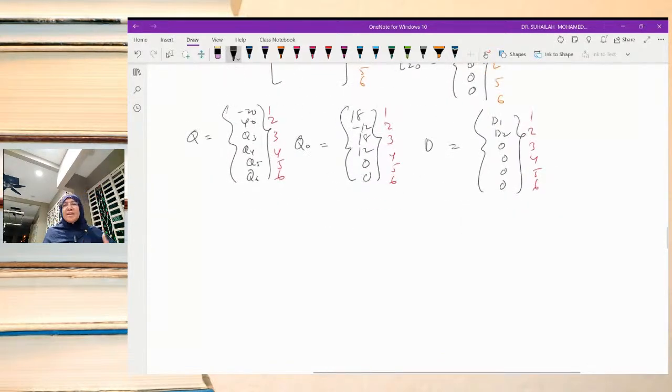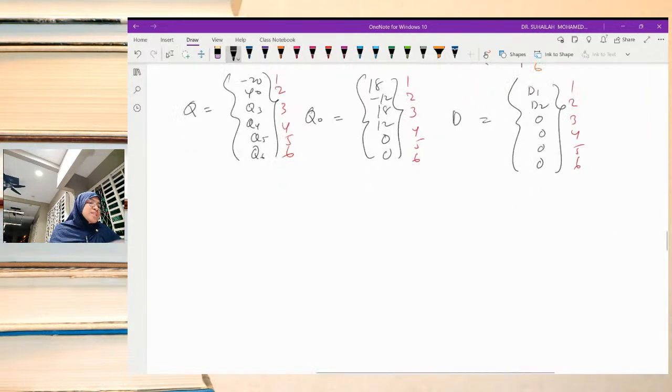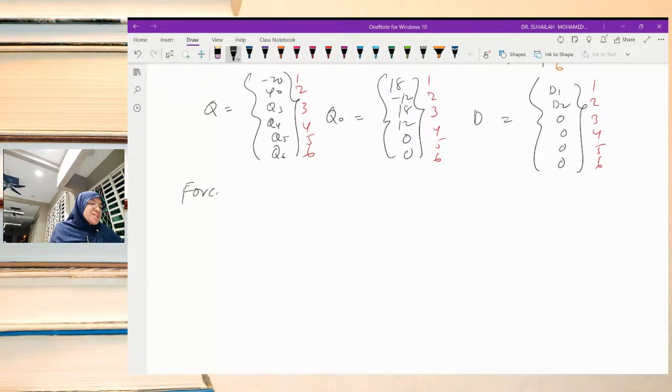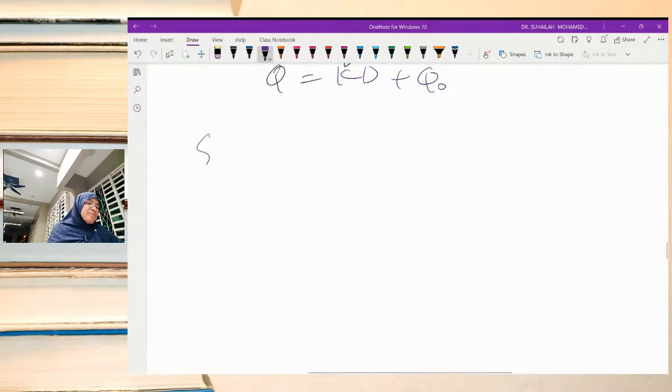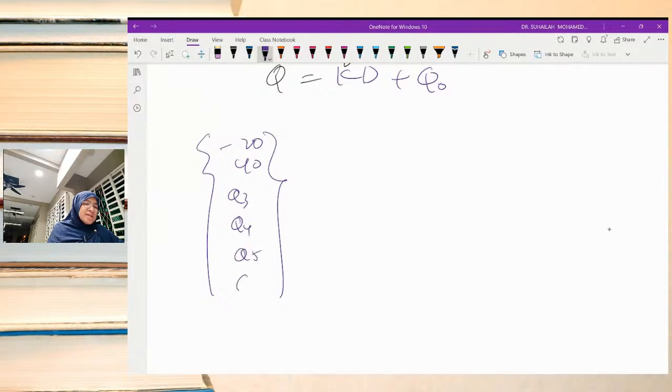Then, having this, we just need to combine or transform this into the force displacement equation or stiffness equation. It is Q is equal to KD plus Q naught. So Q we have negative 20, 40, Q3, Q4, Q5, Q6.